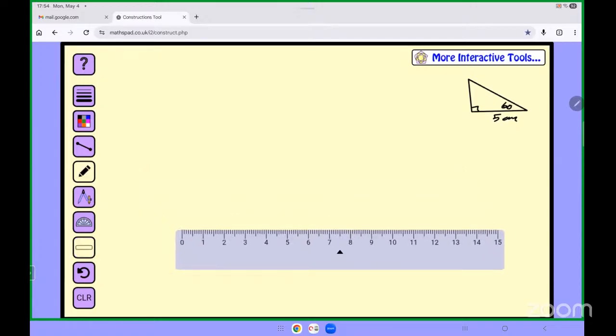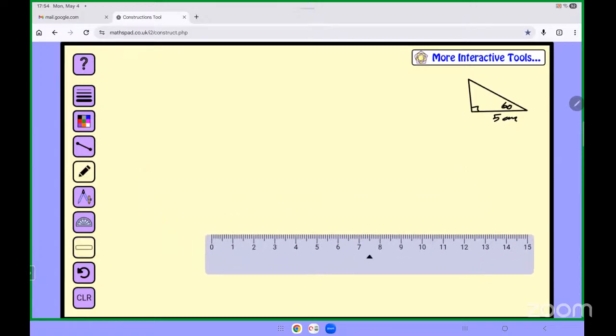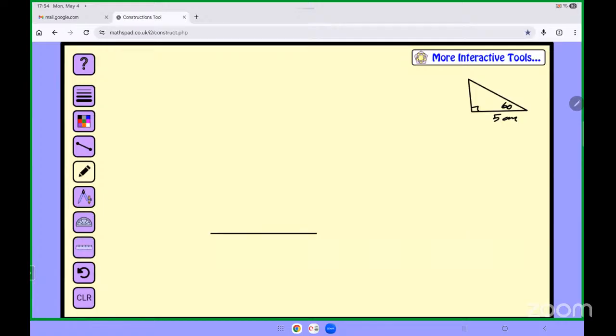Ready? So I'll do the 5 centimeter line first. We're going to draw the 5 centimeter line right there with the ruler. Move the ruler out of the way. We're going to construct 90 degrees at this end.